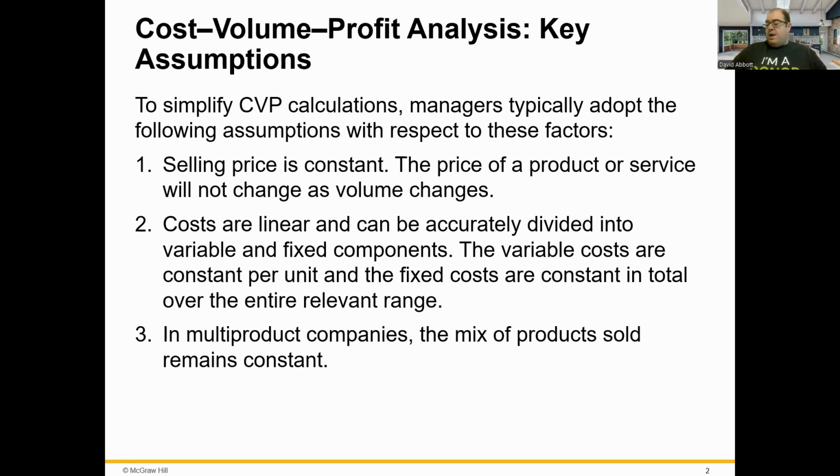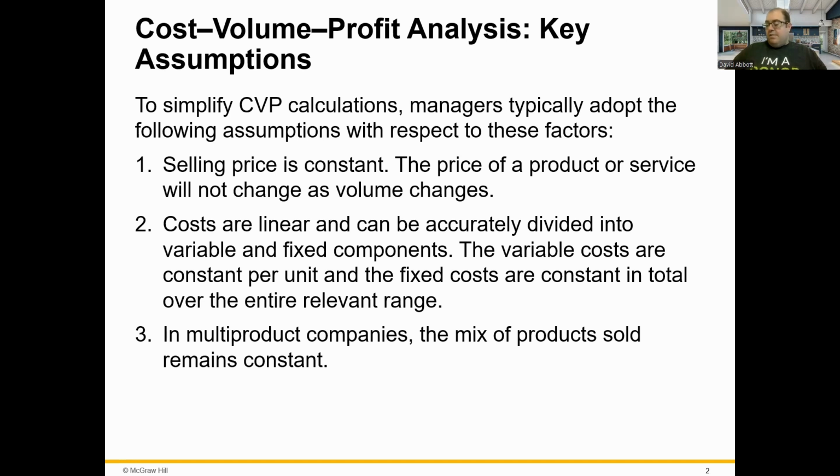Also, that costs are linear and can be accurately divided into variable and fixed components. The variable costs are constant per unit, and the fixed costs are constant in total over the entire relevant range. And then in multi-product companies, the mix of products sold is going to remain constant.